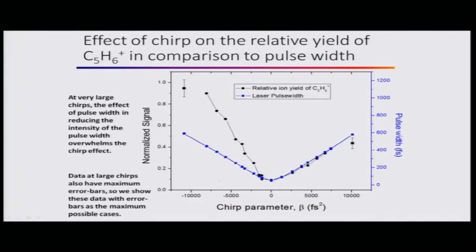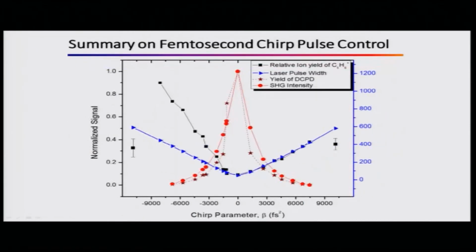However, when the relative yield of the monomer was being looked at, it was found that the negative chirp had a huge impact on the enhanced formation of the monomer as compared to the case when positively chirped pulses were used. So, that is how one of the very important parameters was applied in this particular case, to make sure that the chirp parameters are being applied properly to be able to study this process with care.